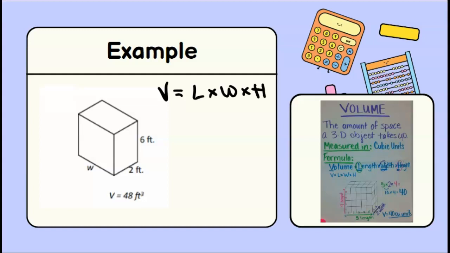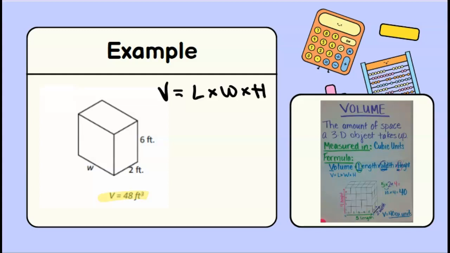I now want to take the information that I am given and plug it into where it goes within that algorithm. So down here we can see that I'm given the volume, which is 48 feet cubed.